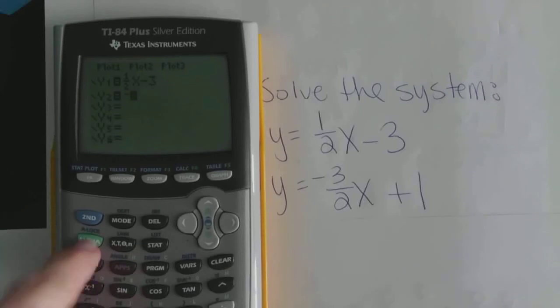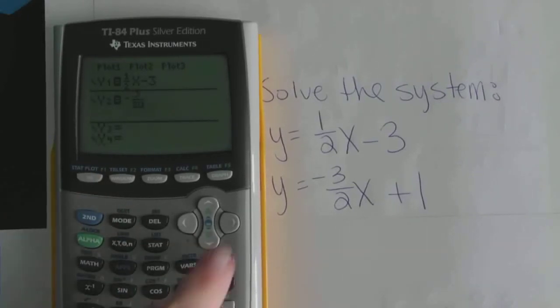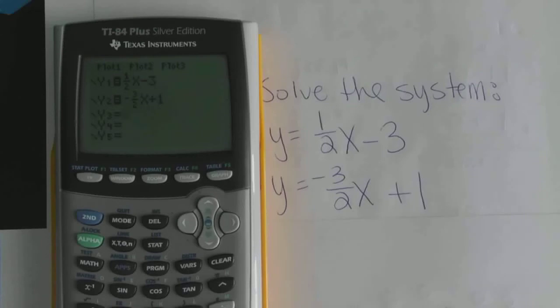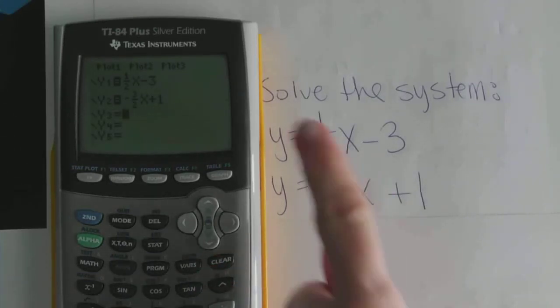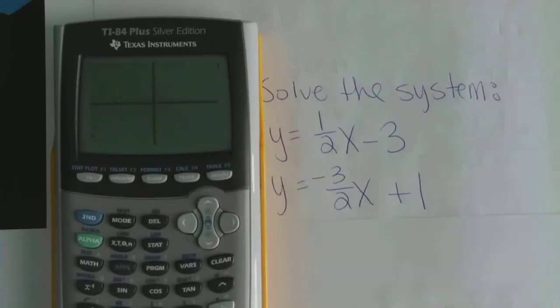Enter to store it. Now my next equation, negative 3 over 2, so I can type my negative first, negative, alpha y equals, enter, 3 over 2, kick out, x plus 1. If I'm going too fast for you, you can always hit pause. Okay, so we have that.